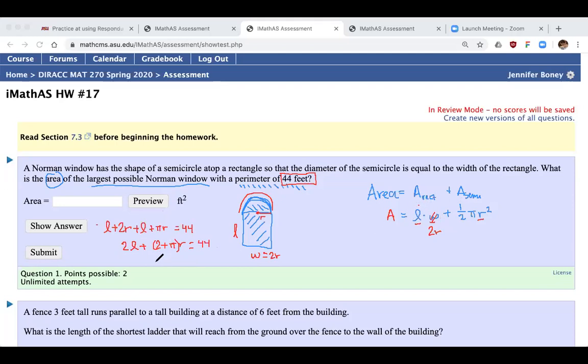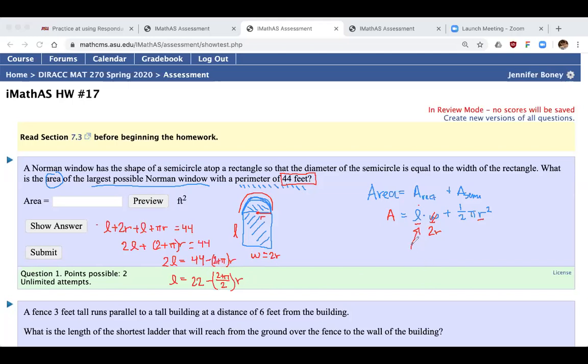I'm going to replace L. So that means I'm going to solve this for L. 2L equals 44 minus 2 plus pi R. I mean, you could write this as minus 2r and minus pi r. That's fine. I'm going to divide by 2 now, so that I have L equals 22 minus 2 plus pi over 2, r.